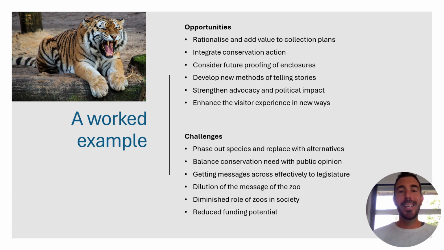We could better integrate conservation action into how we keep animals in the zoo to really crystallise that conservation message to our visitors. We could consider future-proofing enclosures, giving more room, giving more enrichment, increasing social groups, increasing indoor areas to manage these species in a way that presents them in a more appropriate manner to zoo visitors.